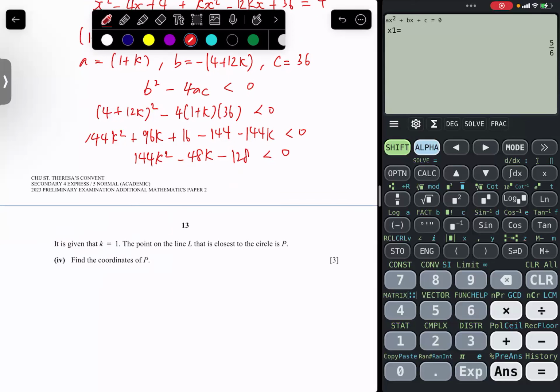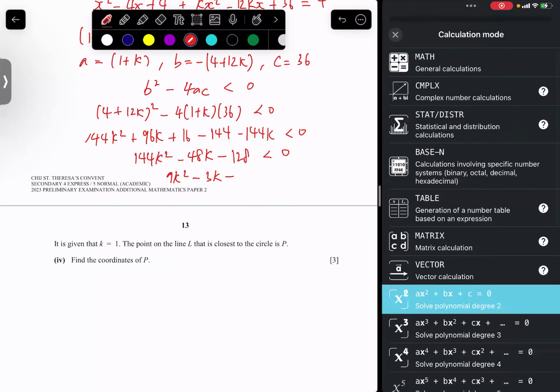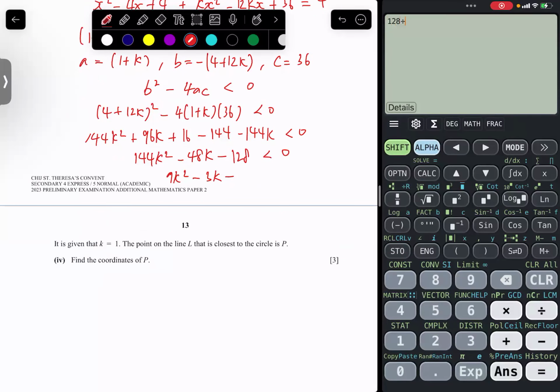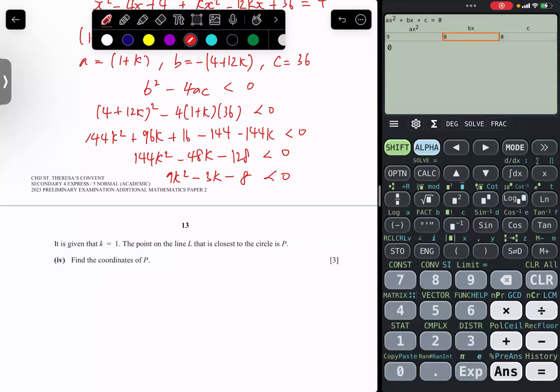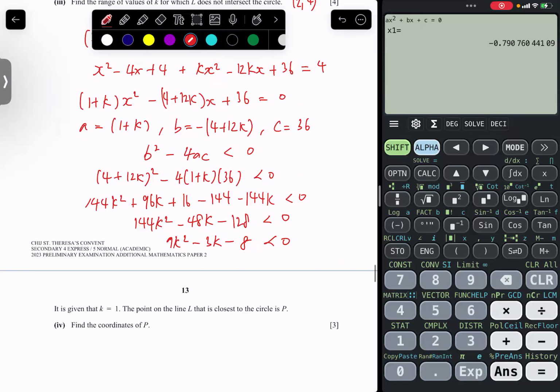Factorize out the 16: 9k squared minus 3k minus 8 must be less than 0. Let's see whether we can factorize that. We can't factorize, which means I must have done something wrong.